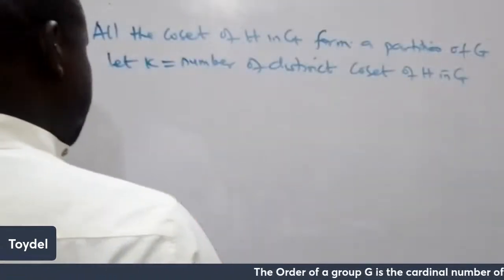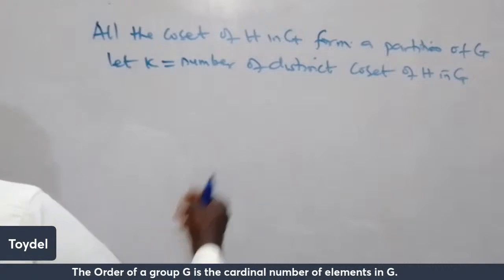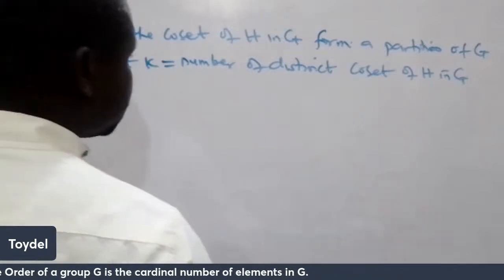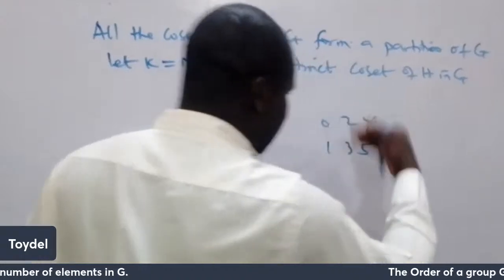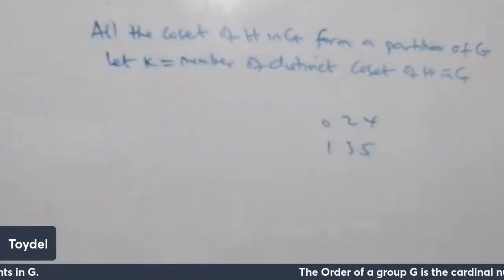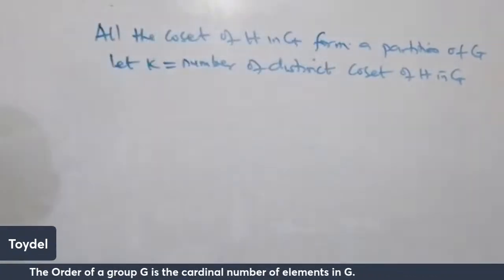When you go through the example, we are able to show that in the situation where we have 0, 2, 4 and maybe 1, 3, 5, they can be repeated when we test all the elements of a group with this subgroup. So these are the distinct elements.